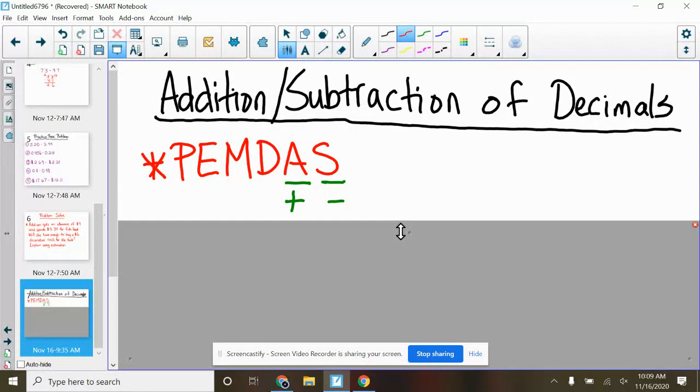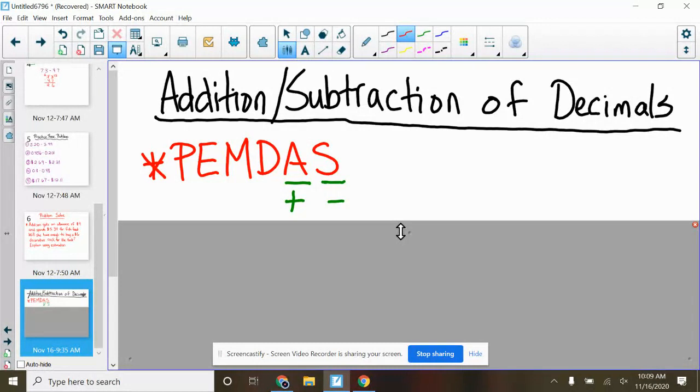The biggest, largest, hugest mistake that 5th graders make when they see the word PEMDAS is they think that because the A is in front of the S, that you always do addition first. No. That's the biggest, largest, hugest mistake. But it is a mistake that every 5th grader that I have ever taught, I think, makes.